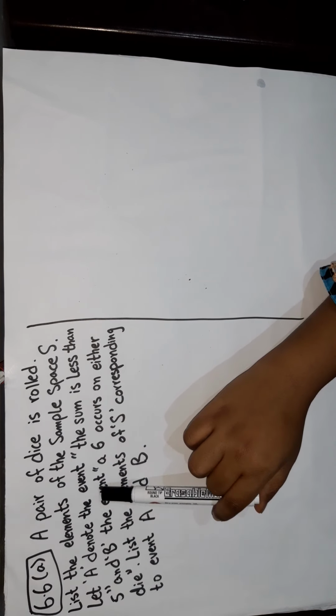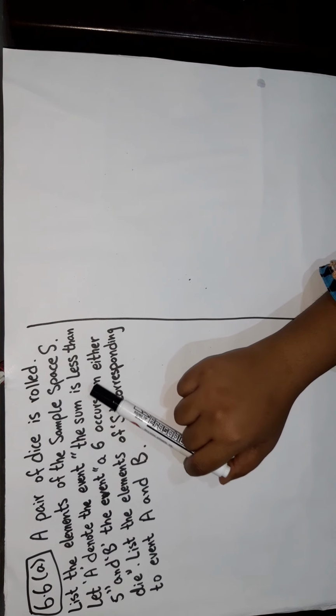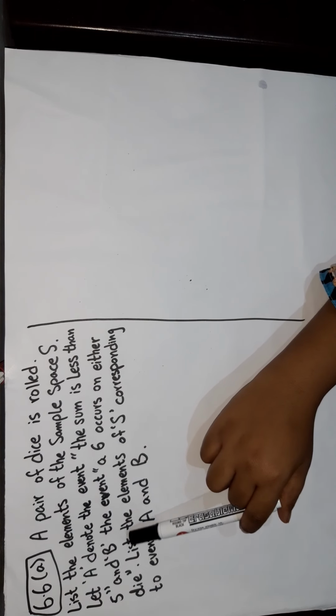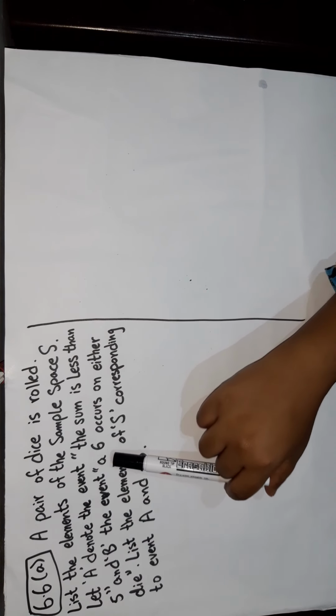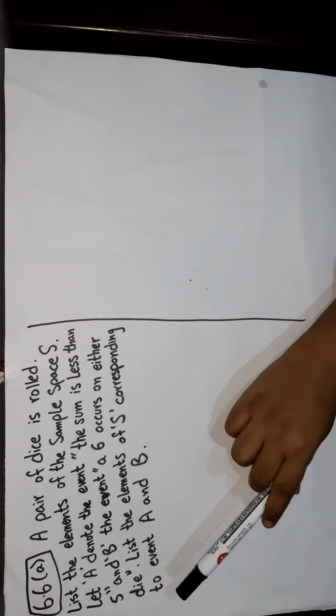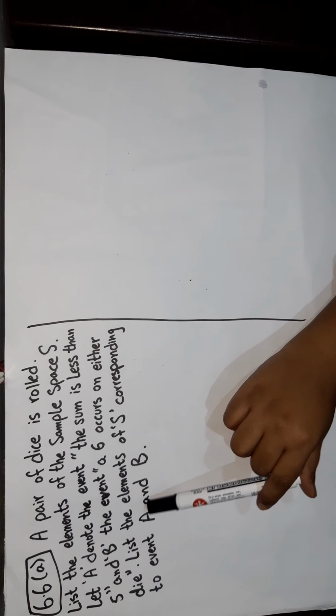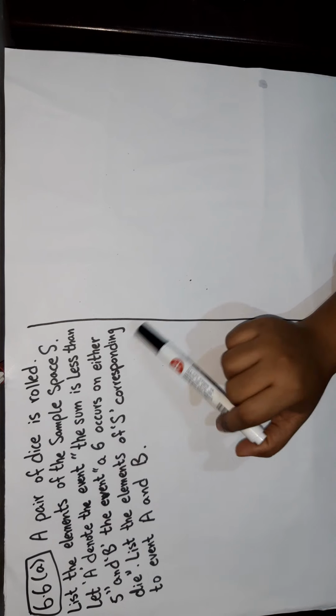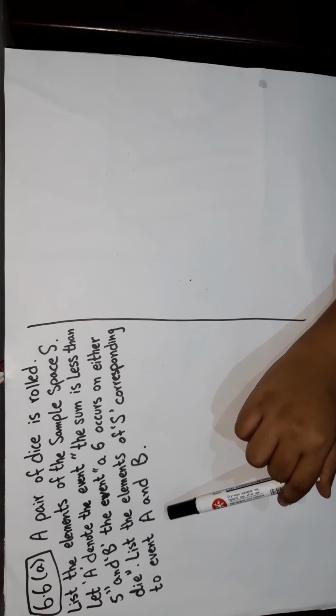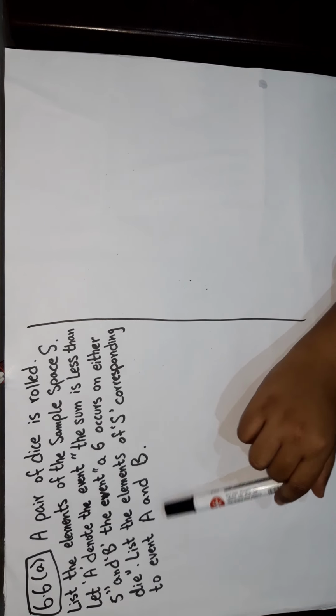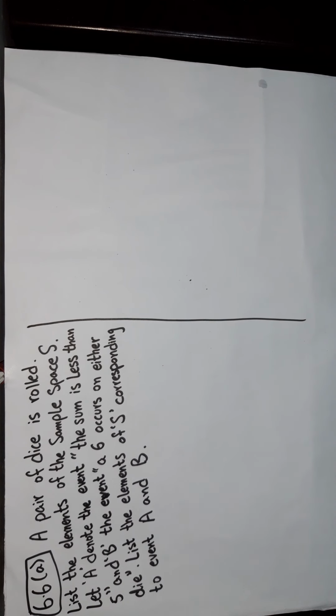Let A denote the event the sum is less than 5, and B the event a 6 occurs on either die. List the elements of S corresponding to events A and B. This question will make the difference between sample space and events more clear.